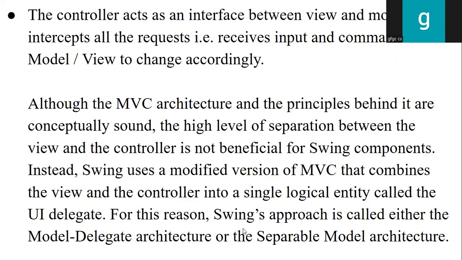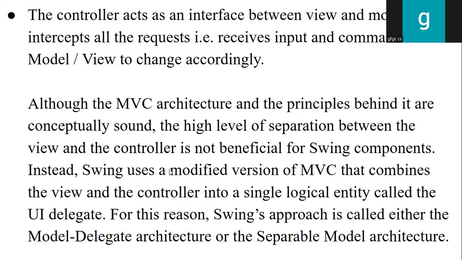Next, the controller acts as the interface between the view and the model and intercepts all the requests, receiving input and commands to the model or view to change accordingly. Although the MVC architecture and the principles behind it are conceptually sound, the high level of separation between the view and the controller is not beneficial for Swing components.